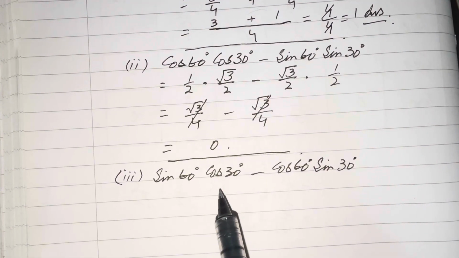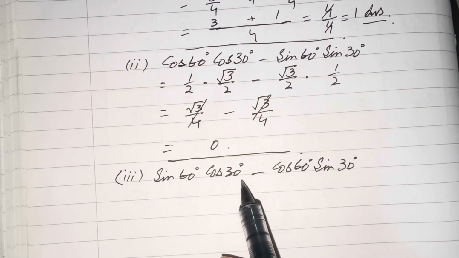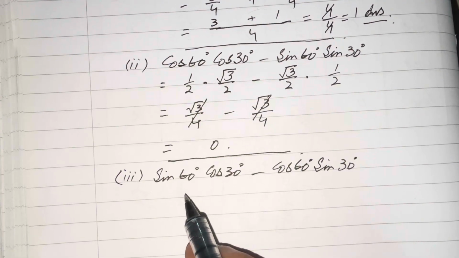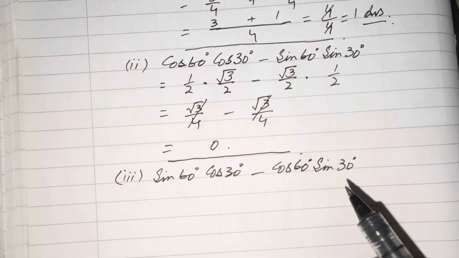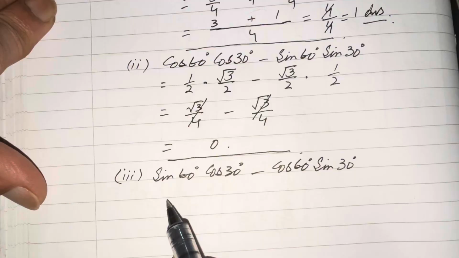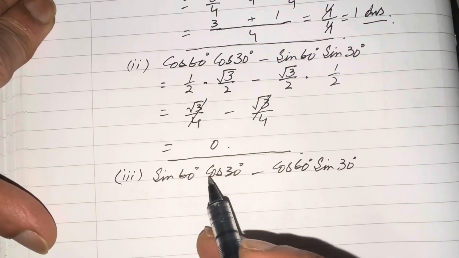We are doing these kinds of questions to remember the values of the trigonometric ratios, that is, what is the value of sine 60, cos 30, cos 60, sine 30, or the other angles that we have found in the table, like 45 degrees, 90 degrees.